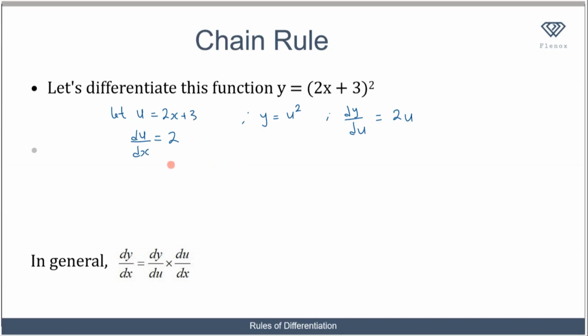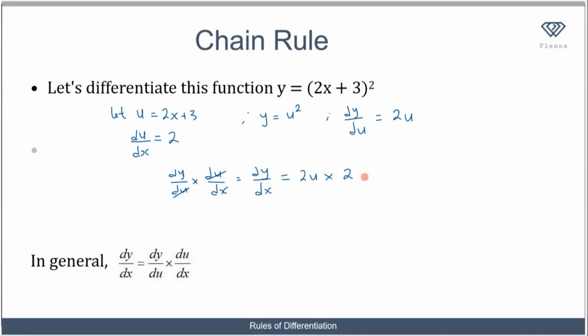Now what happens when I multiply dy over du by du over dx? As you can see, du cancels out du and I'm left with dy over dx. So dy over dx is the same thing as dy over du, which is 2u, times du over dx, which is 2.